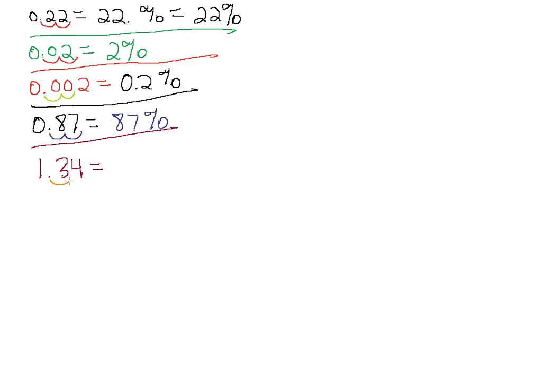We move the decimal 2 places to the right, and this gives us 134. Don't forget our percent. Don't get excited when you see a percentage that exceeds 100. This happens quite often in what are called percent of change problems, which we'll be covering in a later video. So this is nothing to write home about. 134% is perfectly fine.